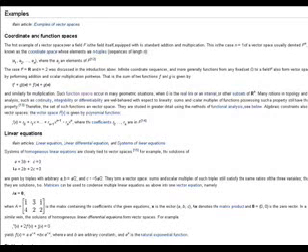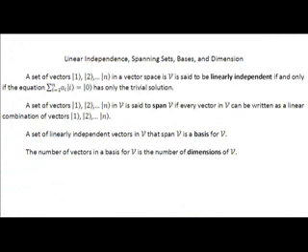But there are plenty of other examples of vector spaces, and I just took a snapshot of what Wikipedia gives you, and there's functions confined over particular properties, and there are linear equations that can give you vector spaces, and so on and so forth. So you don't have to just rely on the notion of those abstract arrows. In fact, there are even infinite dimensional vector spaces, and I'll talk about dimension in a little bit.